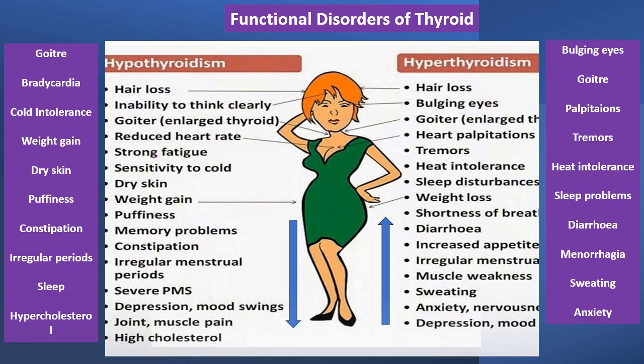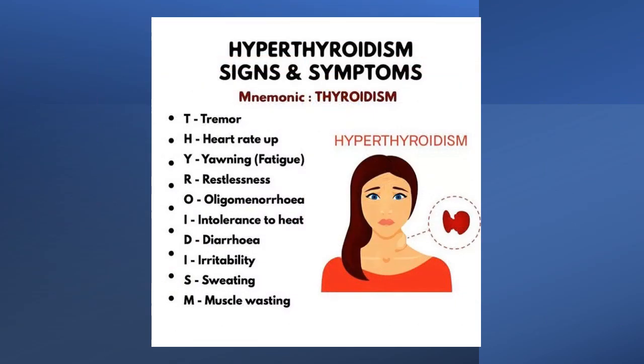Okay, those of you who like to use mnemonics to remember, this is the word that you use: thyrotoxicosis. T for tremor, H for heart rate, increased heart rate, Y for yawning, fatigue, R for restlessness, a patient becomes very irritable and anxious.